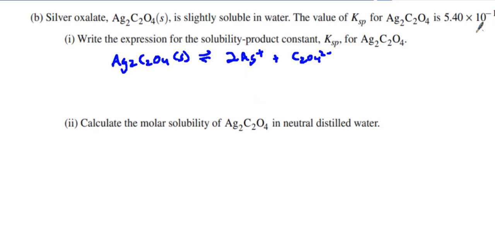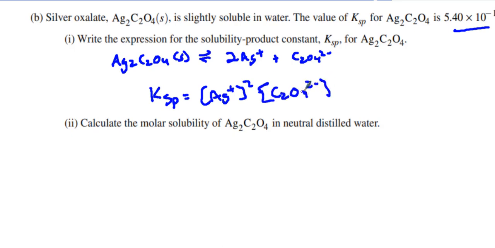But they wanted the Ksp expression, and the Ksp is 5.4 times 10 to the -12. So what is the Ksp expression? Our Ksp is going to be equal to the concentration of silver ions squared, because it's 2 moles, times the concentration of C2O4 2-.